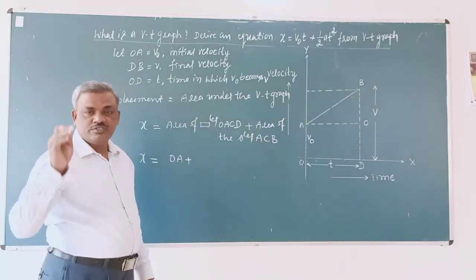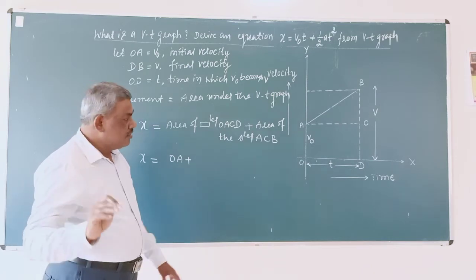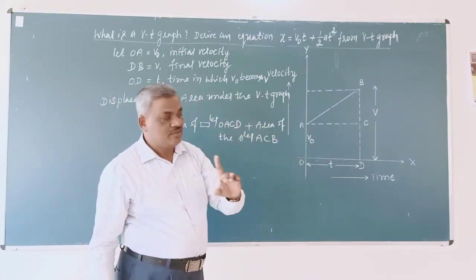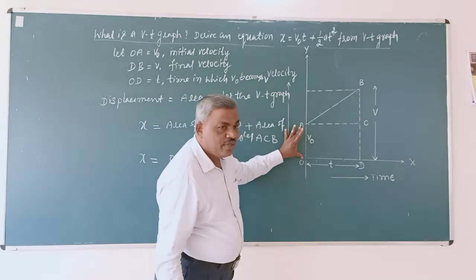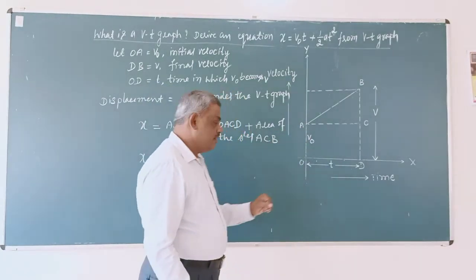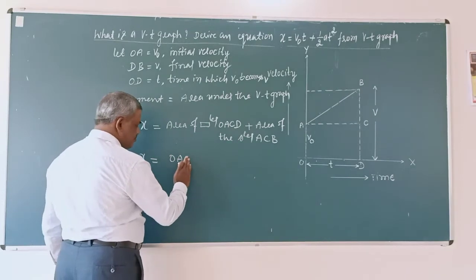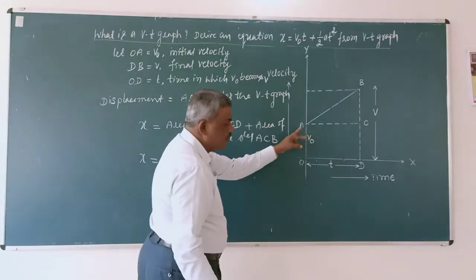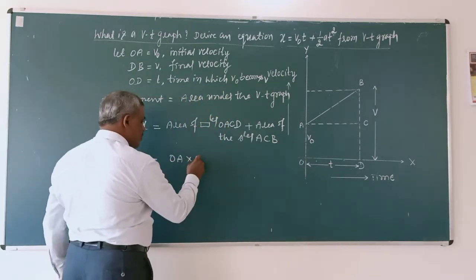Students, carefully observe here. Rectangle area equals length into breadth. So length means OA, breadth means OB.